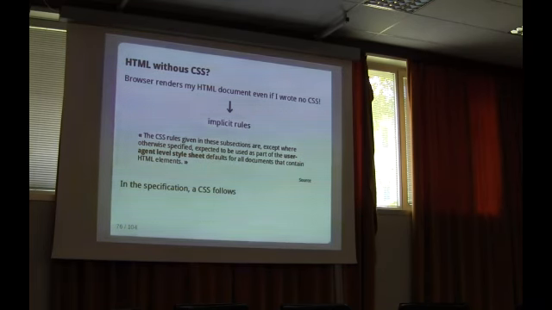How can the browser produce the representation? Simply using a set of implicit rules, a kind of standard CSS document which contains a set of standard values for the style properties, contained in the HTML specification as usual.